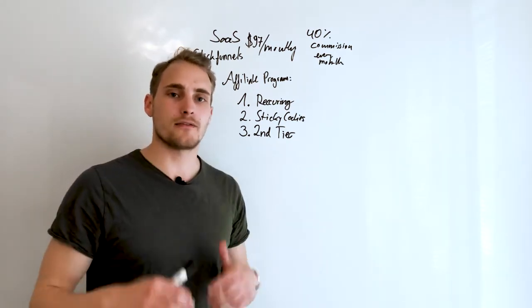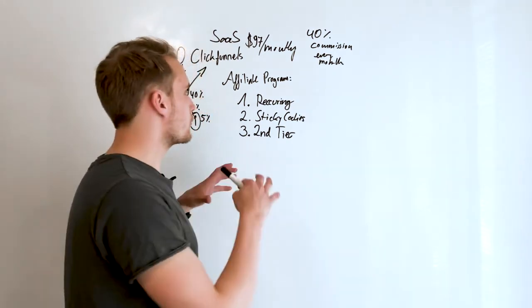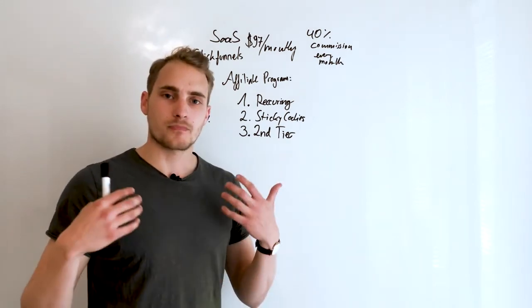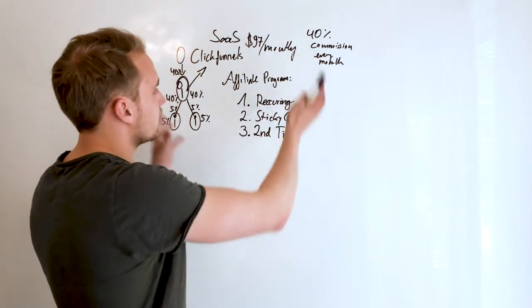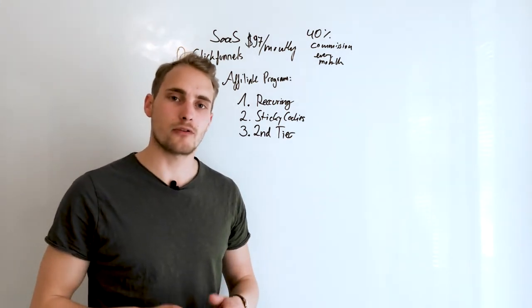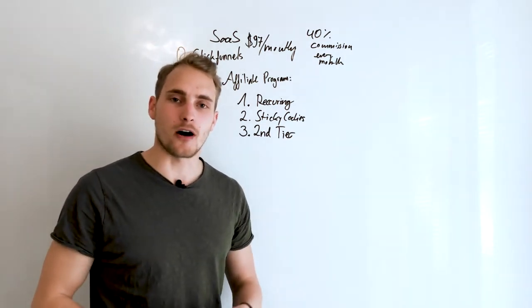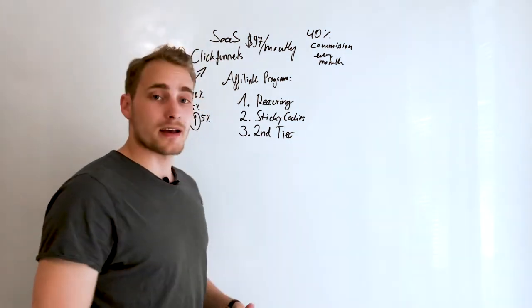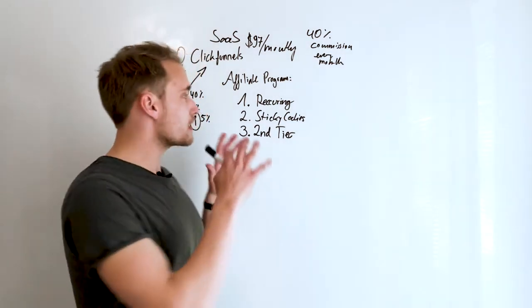And to truly see the financial potential of what we're going to set up, we will draw an example of what is possible with the ClickFunnels affiliate program for you, for your online business. That's what we're going to do in the next lecture. I hope everything is clear so far.